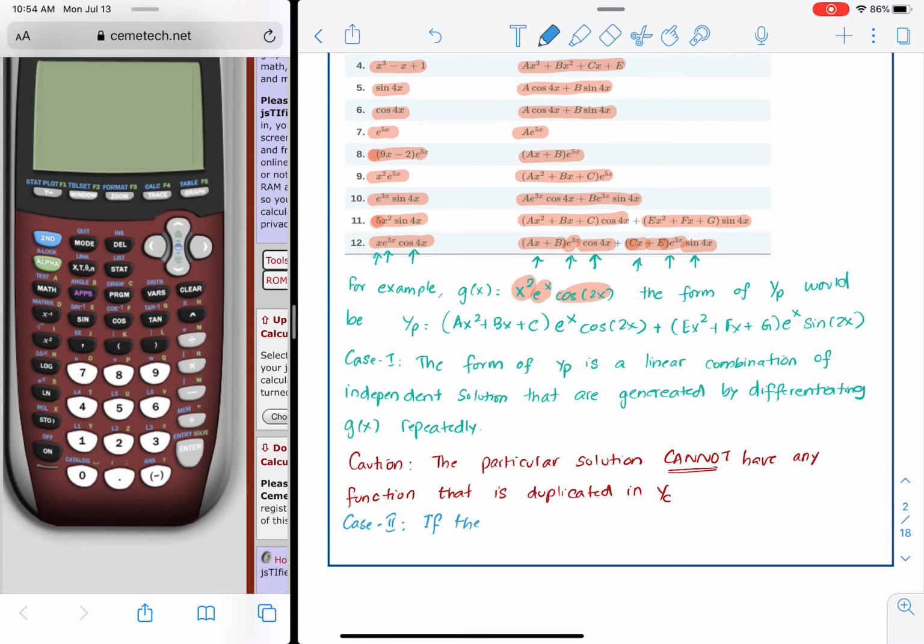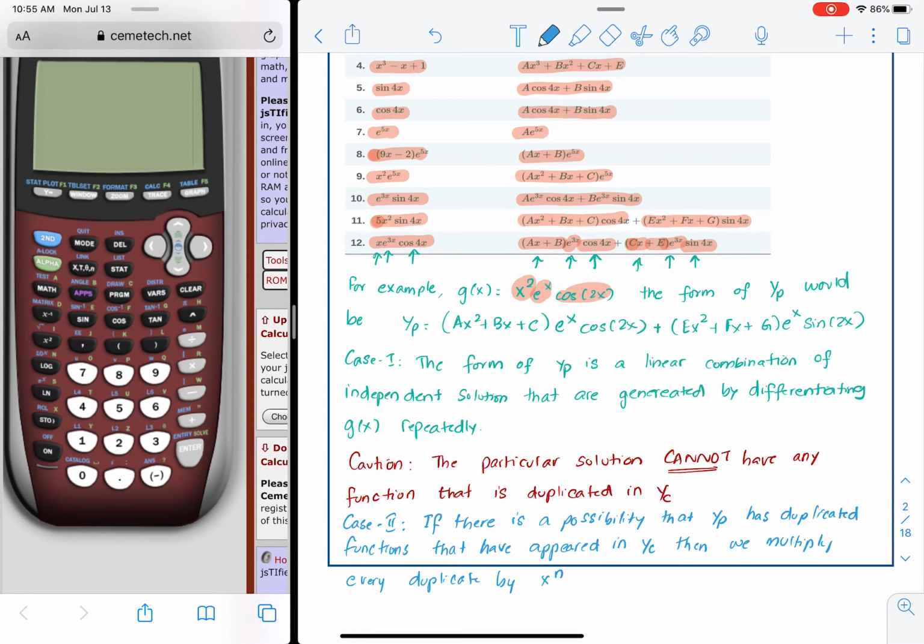If there is a possibility that the particular solution has duplicated functions that have appeared in yc, then we multiply every duplicate by x raised n.